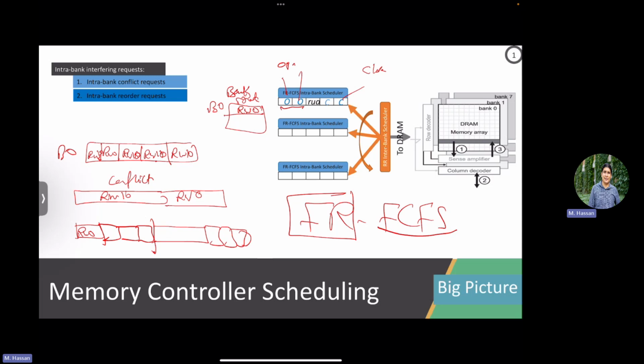What if all my requests in the queue are row hits? Which one do I serve first? Again, first come, first serve. This is why it's called first ready, first come, first serve. First, pick up the ready ones, and then among the ones of the same readiness, whether they are ready or non-ready, you do first come, first serve. Good? Okay? Any question there? Good.